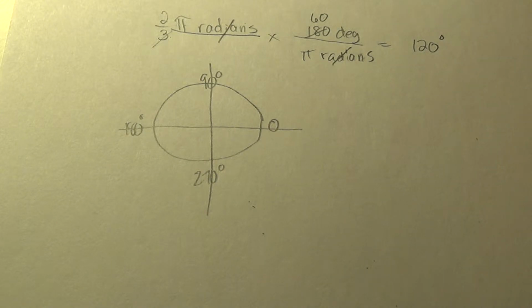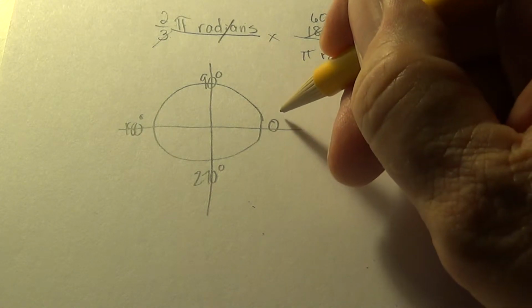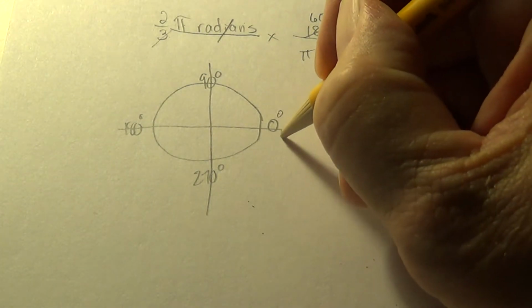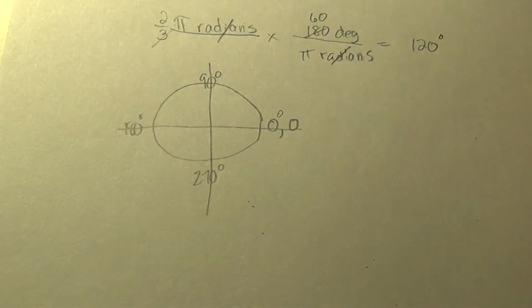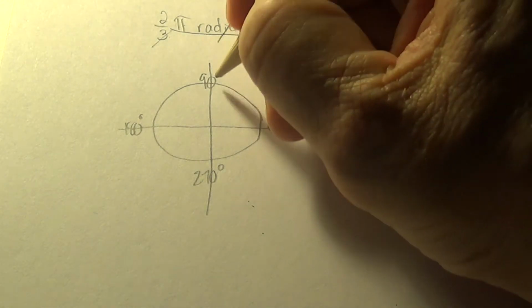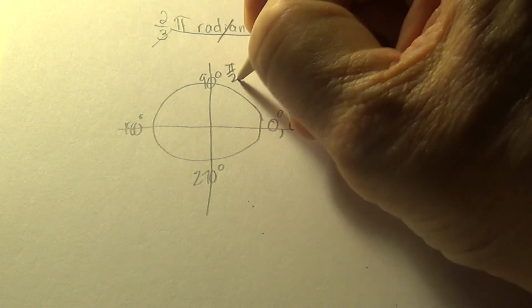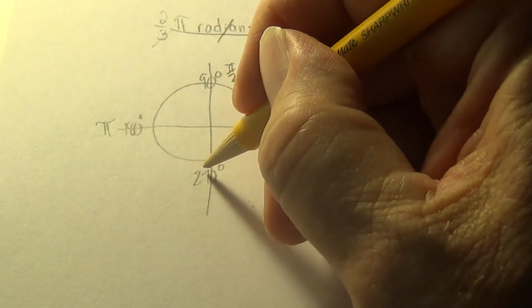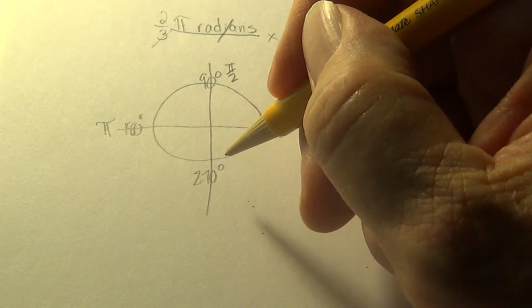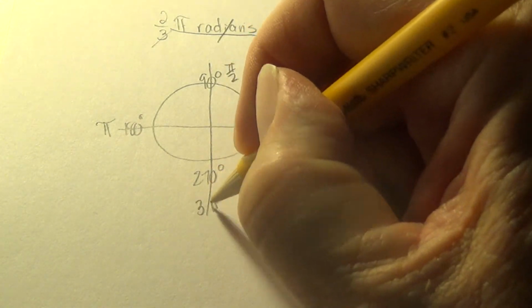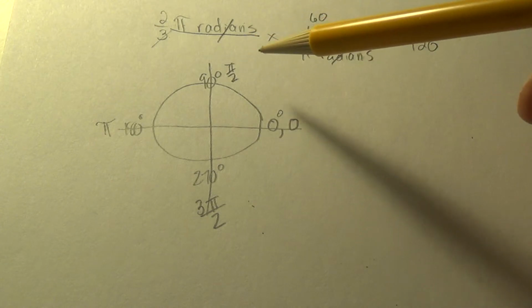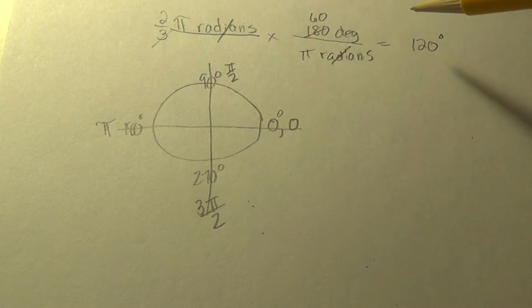So in radian measure, 0 degrees, I'm going to put alongside of it, the radian measure is 0 as well. 90 turns out to be pi over 2. 180 is pi radians, and 270 degrees is 3 pi over 2. And you could verify that the way I taught you to go from degrees to radians.